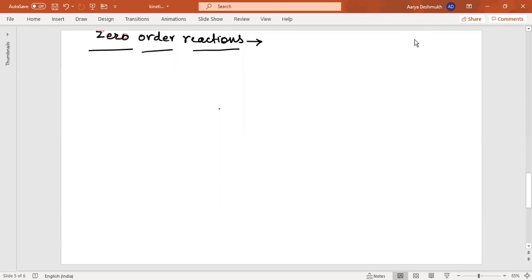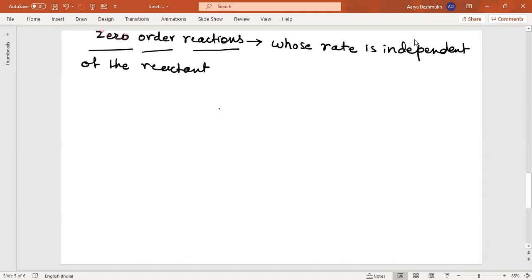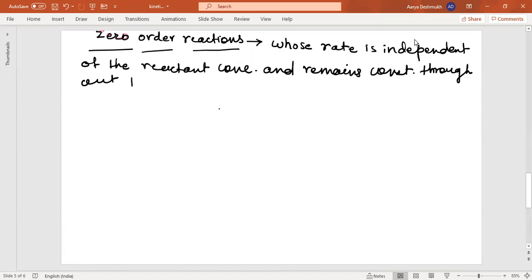It means the reaction whose rate is independent of the reactant concentration and it remains constant throughout the course of the reaction until the reaction gets completed.